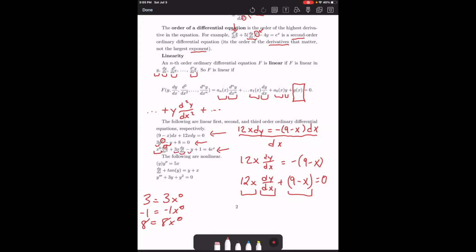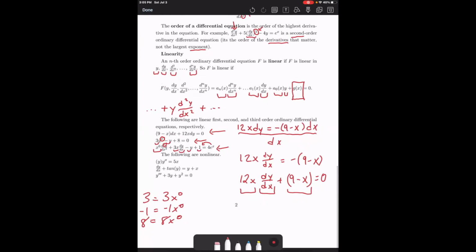Y is multiplied by -1, and then we have a +1 here. The only work that may need to be done is we may need to subtract 4e to the x from both sides so that it comes over. But it is also a function of x, so everything's good. This is linear. So we'll conclude now with looking at some examples of nonlinearity.